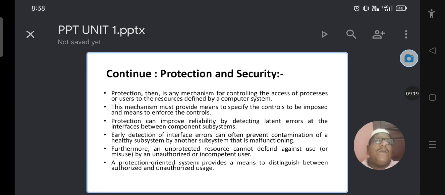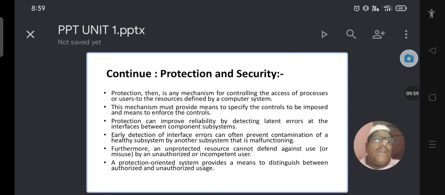Early detection of interface errors can often prevent contamination of a healthy subsystem by another subsystem that is malfunctioning, such as through threats from a virus. It is safe and secure. Furthermore, an unprotected resource cannot be defended against use or misuse by an unauthorized or incompetent user.